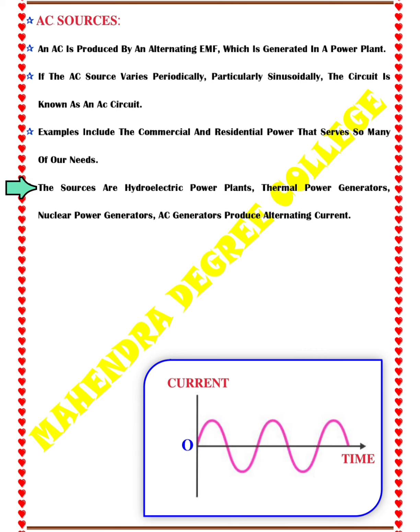The sources are hydroelectric power plants, thermal power generators, and nuclear power generators. AC generators produce alternating current.